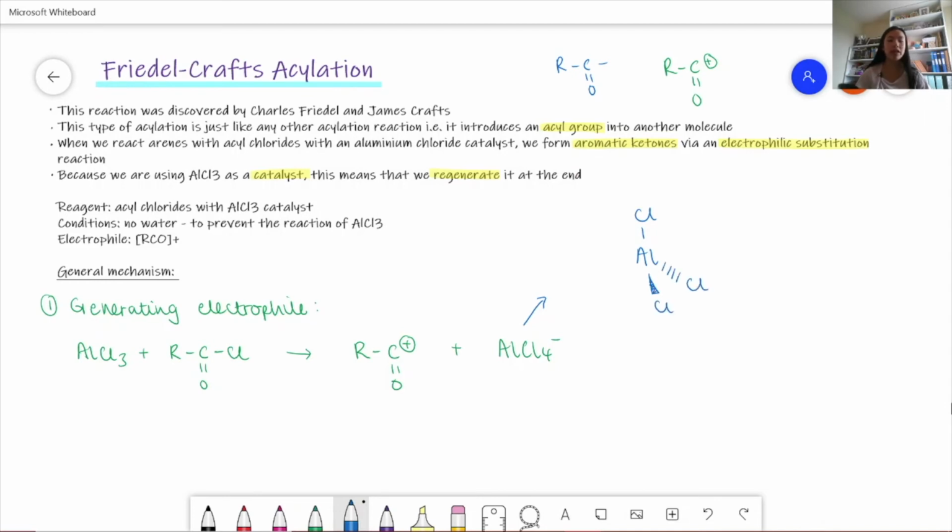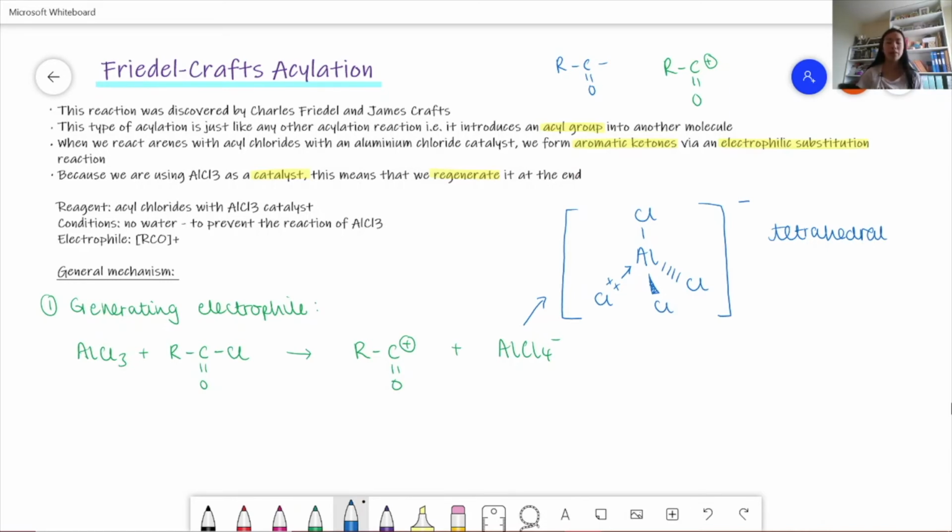But now we've got another chlorine which is bonded to this aluminium, but it didn't have any electrons left, and so this is actually a dative covalent bond. So both of the electrons come from the chlorine. And so here we have a negative ion, and this is tetrahedral, because this dative covalent bond classes as a bonding pair.